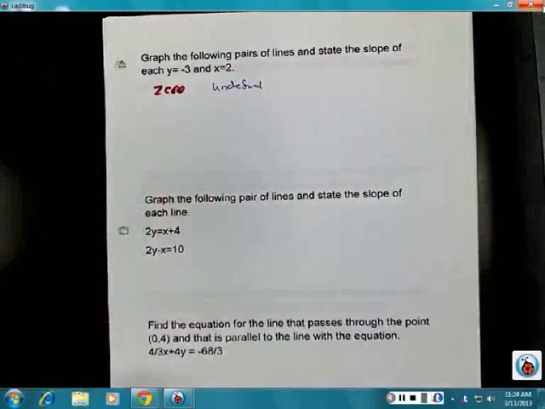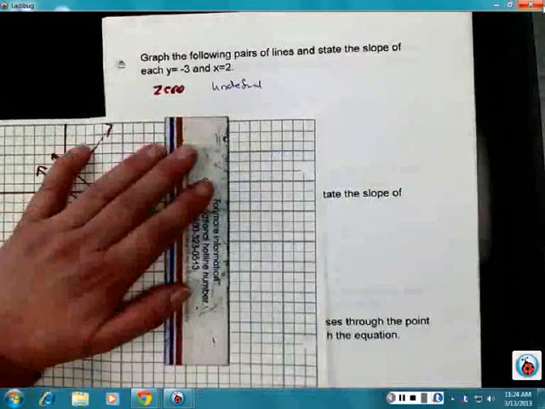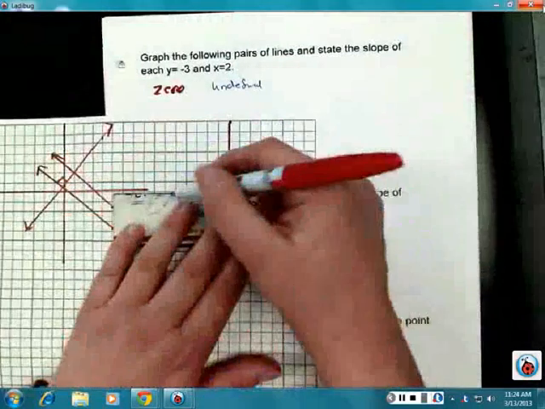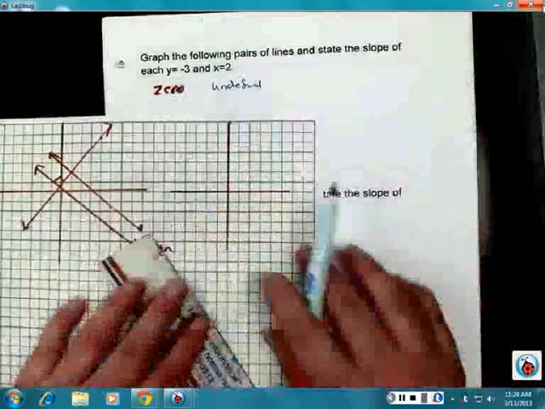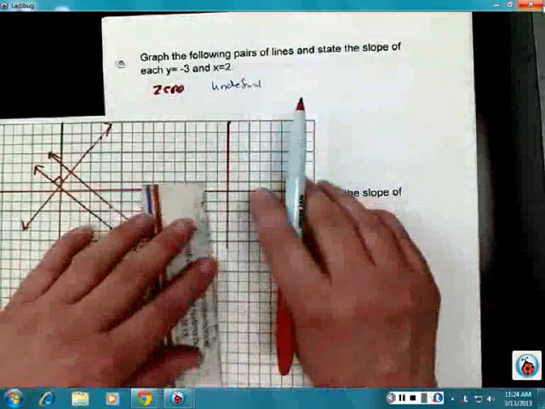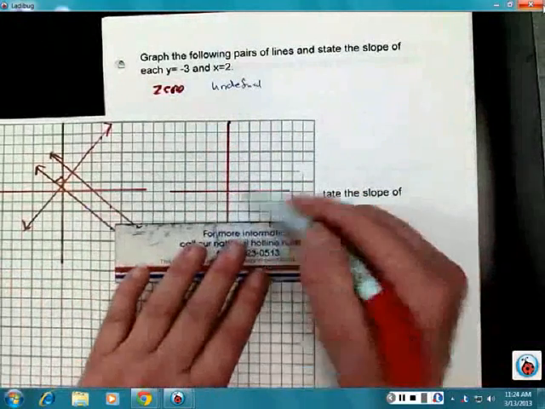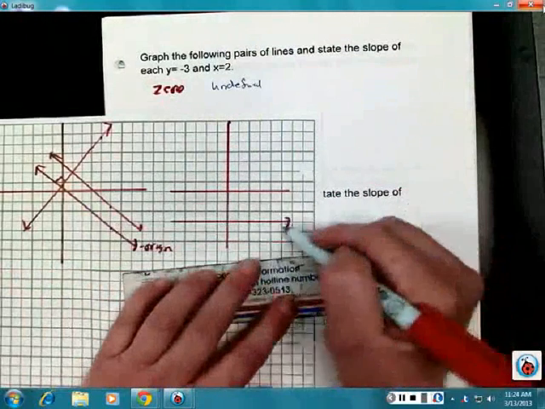Okay. So if we were to graph those two, what are they going to start looking like? We are going to have y is a negative 3. That's a flat line down here.